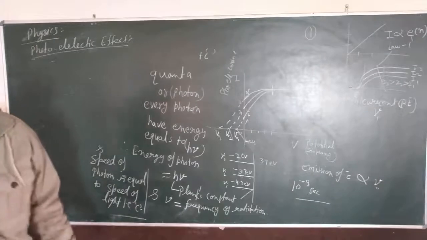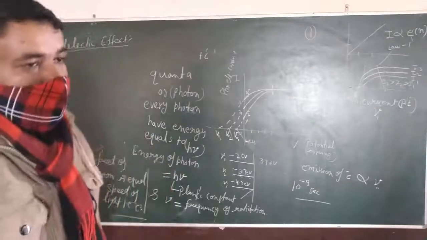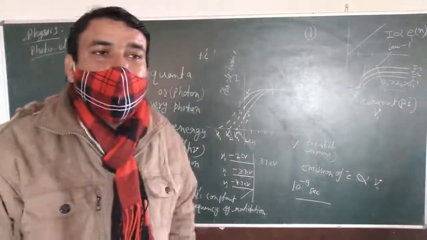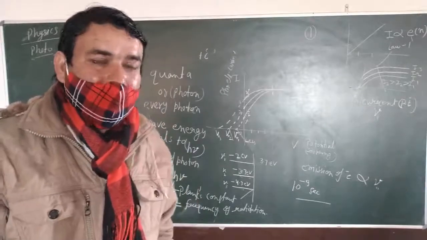Now Einstein used this theory to explain the emission of photoelectrons from the metal surface.